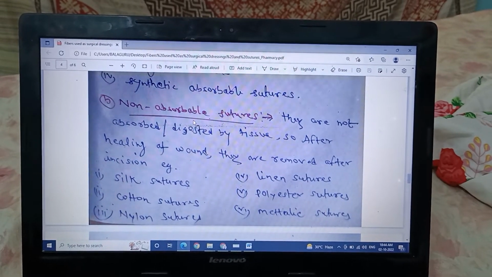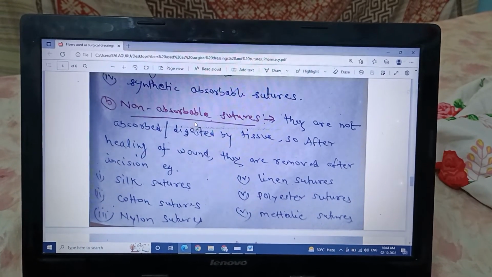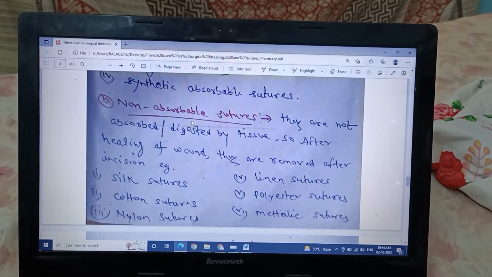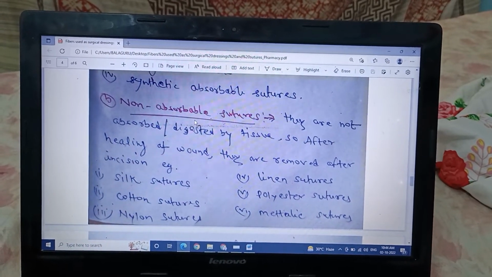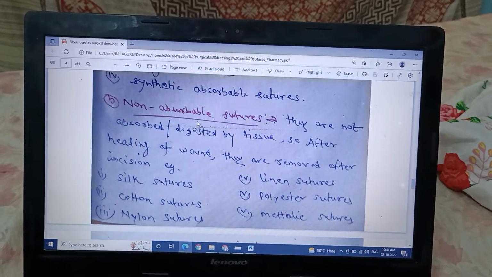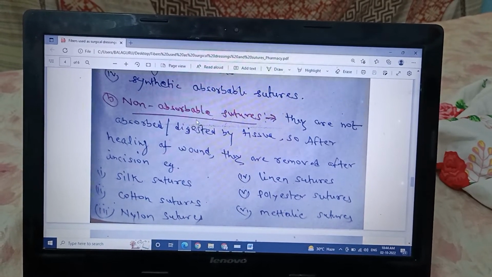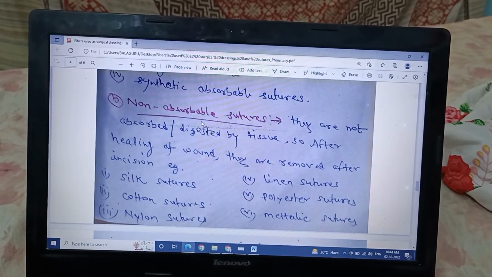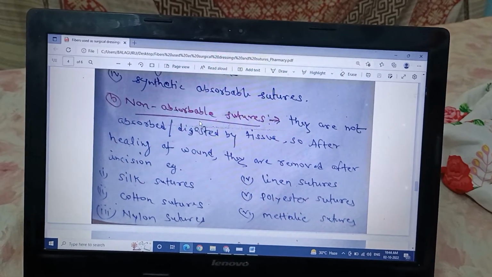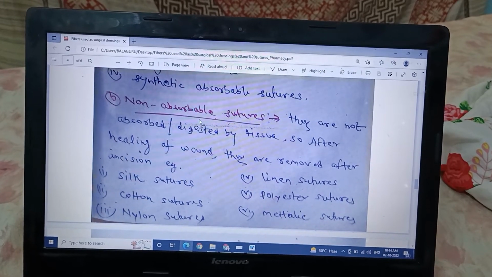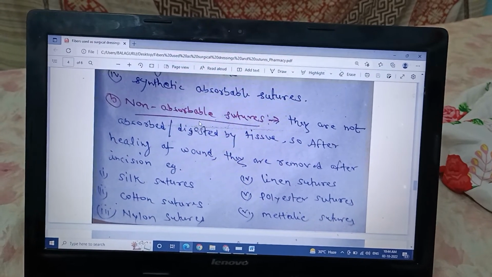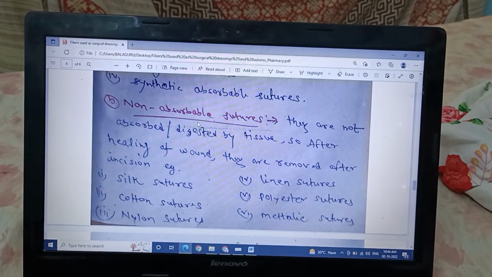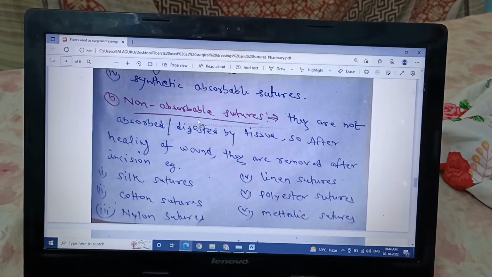After putting stitches, your physician advises you to come back after 5 or 10 days, because we need to de-stitch the suture.